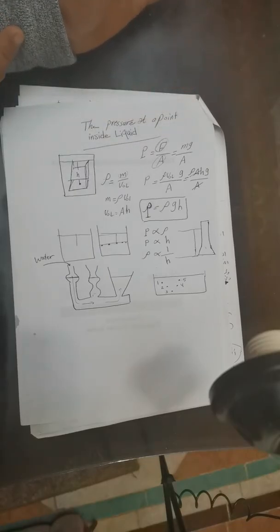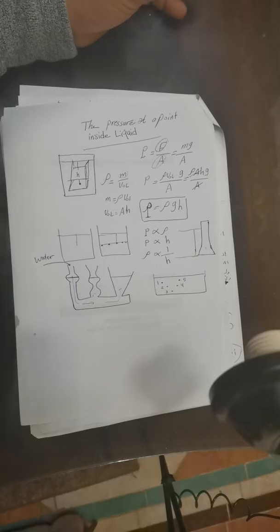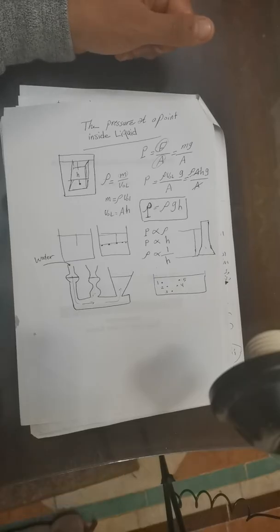Each vessel has its shape and its capacity which differs from one to another, but the level of water in all vessels is the same.